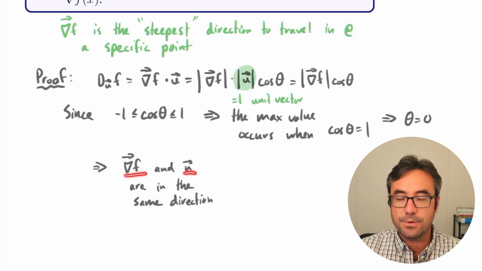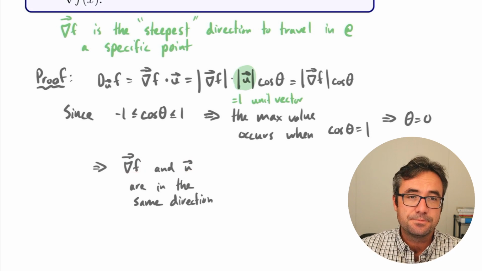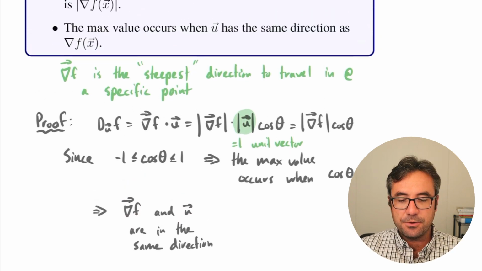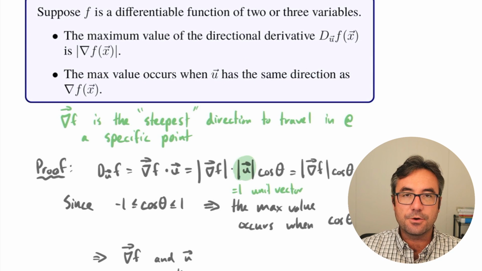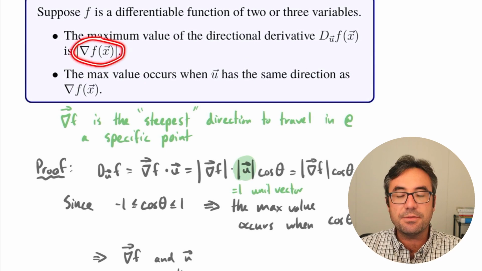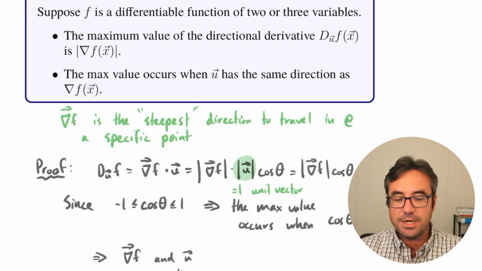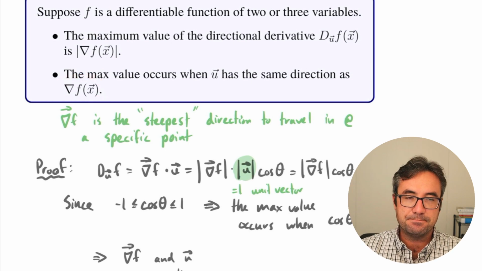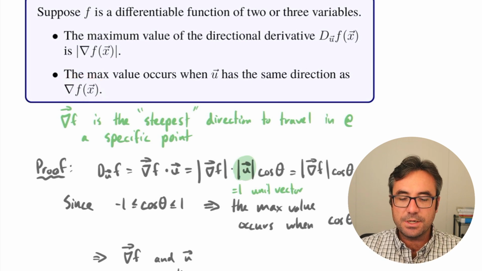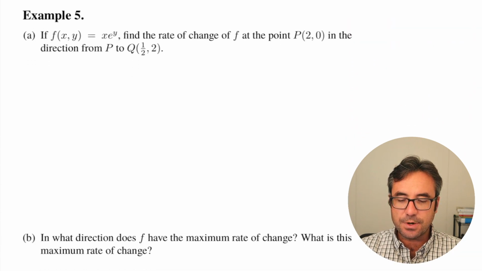So u and the gradient have the same direction. So the max value of our directional derivative is the length, and the direction it happens in is the gradient. So kind of interesting. And we're going to see more of this in a little bit. So let's try an example, though.